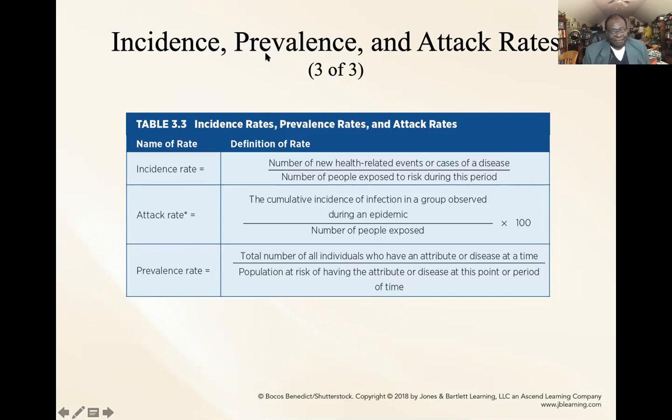Now, attack rate is the cumulative incidence of infection in a given group during an epidemic, divided by the number of people exposed. Because most of the time you also have to bear in mind, it's not everybody that is exposed that will fall victim. That's just life.